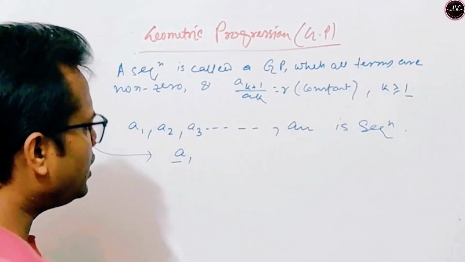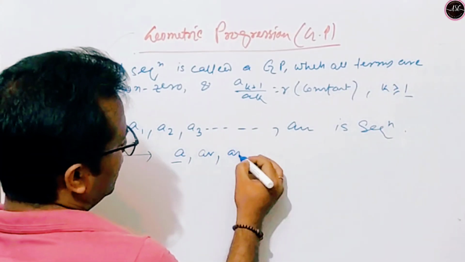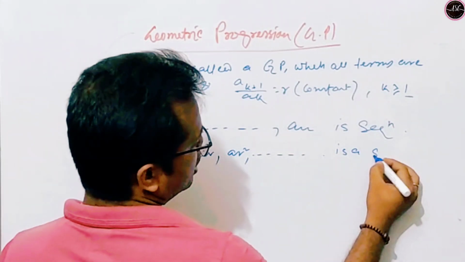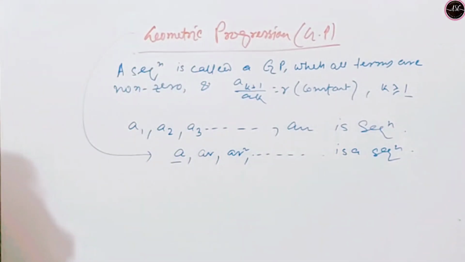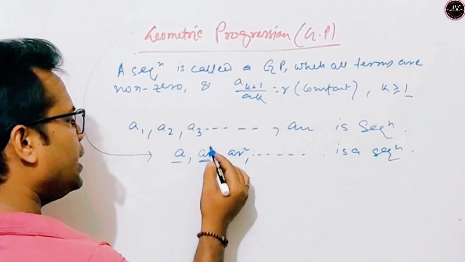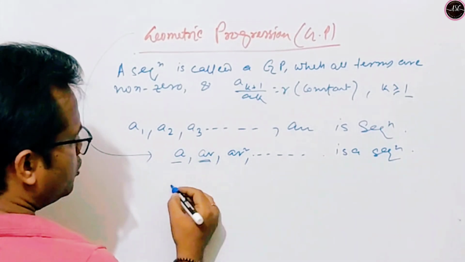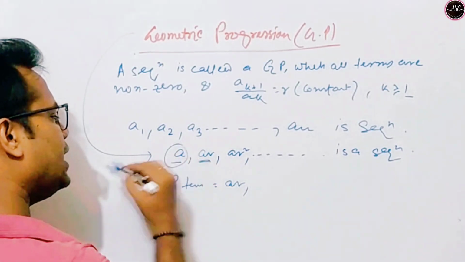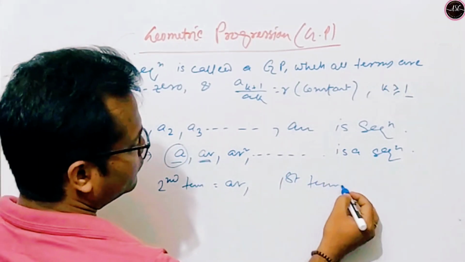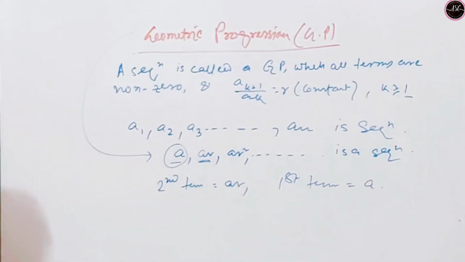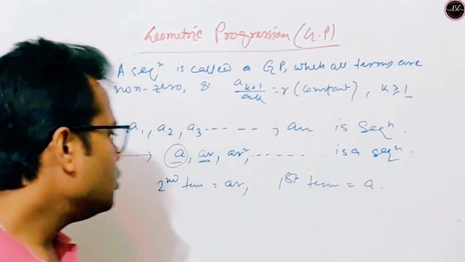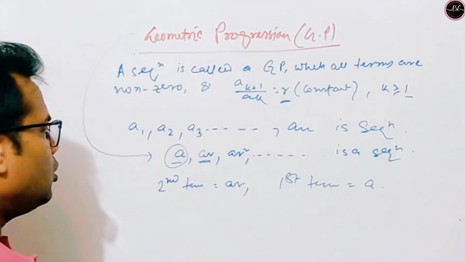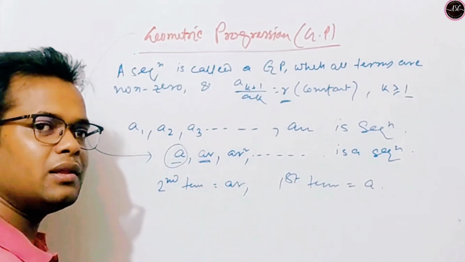Okay. So let a, ar, ar square, up to infinity be the sequence. Here, just look. The second term is ar, and the first term is a. Now I have already told you the common ratio: the common ratio r is equal to the next term divided by the previous term.